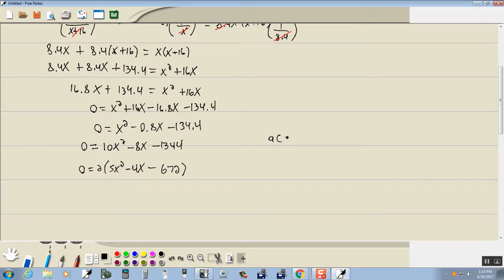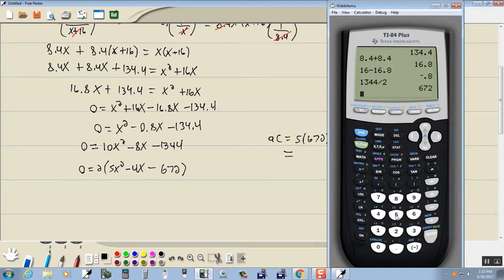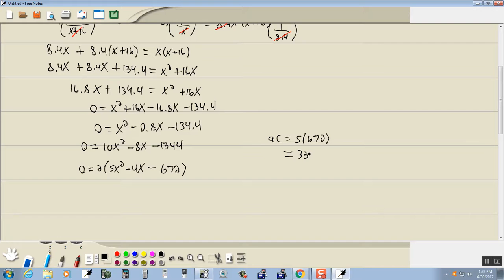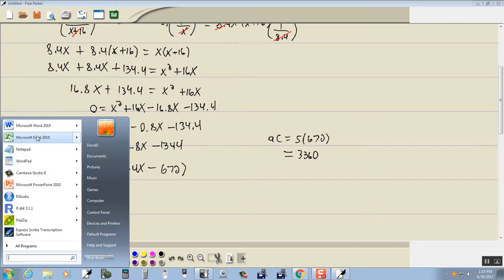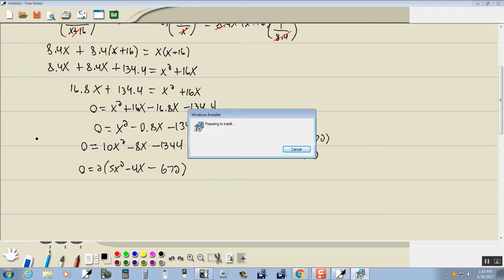This would be a key number, so we take 5 times 672, which is 3360. It's going to be a huge table, so just to save time I'm going to bring up Excel. It's a little bit slow.